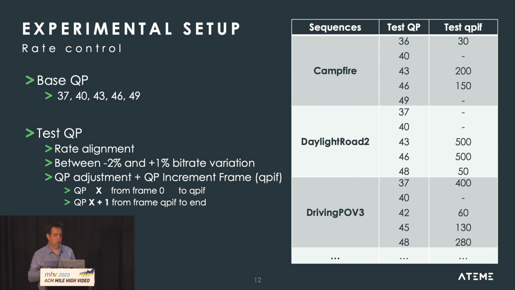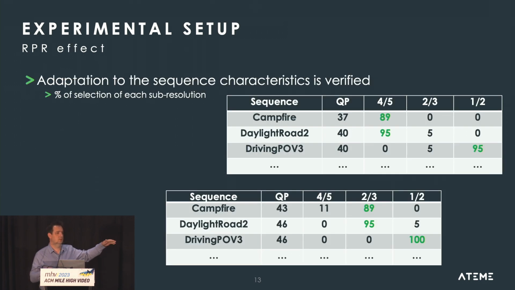Based on all those, we first encoded them as an anchor without use of RPR at those 5 QPs. Then we proceeded to use the RPR tool, and we had to do some rate matching to make things comparable. Of course, when you do quality evaluation, you want to set everyone on an equal footing, which is typical industry practice for rate matching.